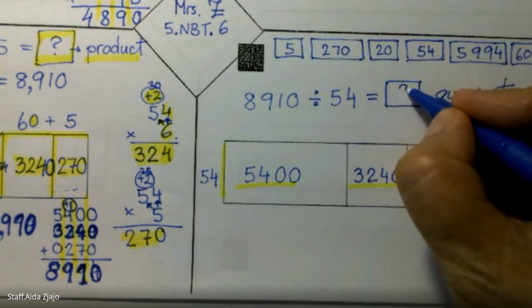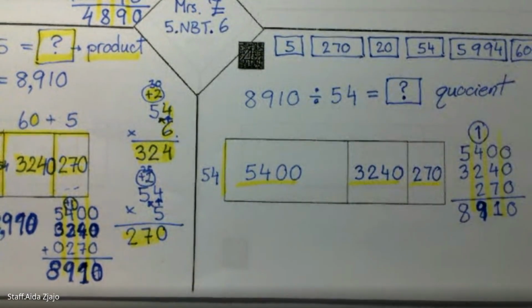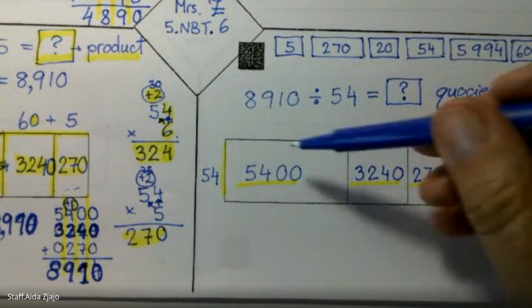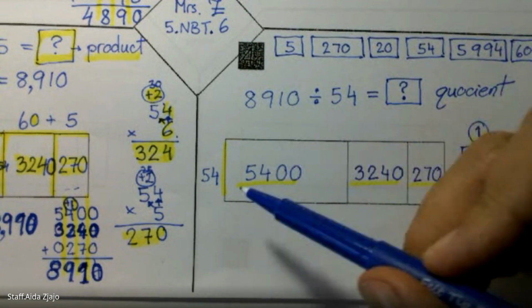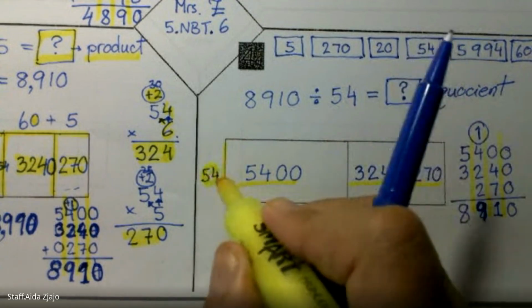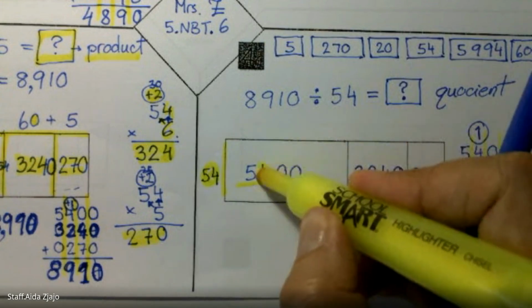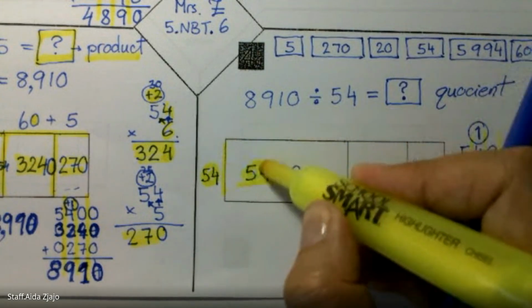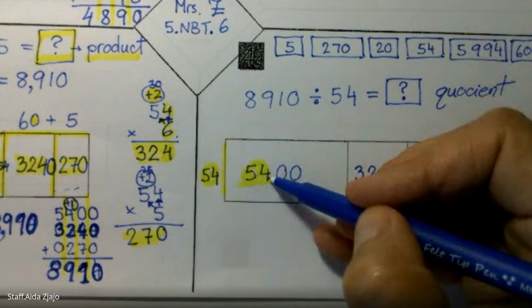And that is what we are going to get from the numbers on the top. So now you start thinking, okay, here the divisor is 54. If I have 54, I can say, oh, 1 times 54 is 54.